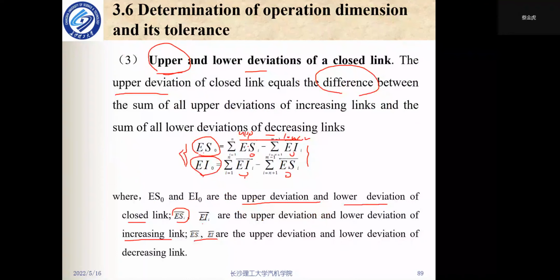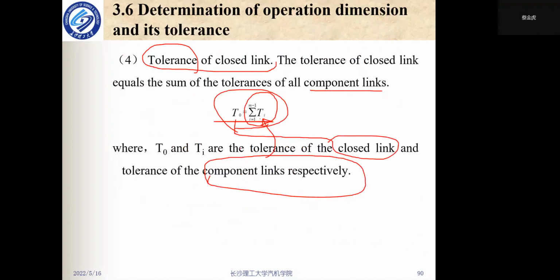We also use the extreme value, upper deviation, lower deviation. They are all the extreme value. And the tolerance of closed link equals to the summation of tolerance of all component links, because the closed link comes from the component links.